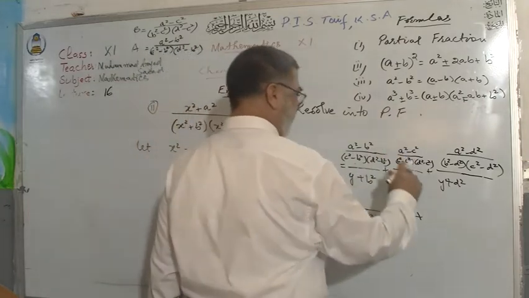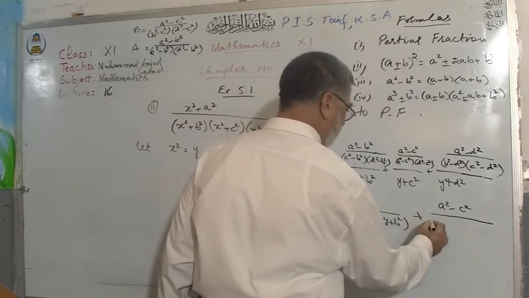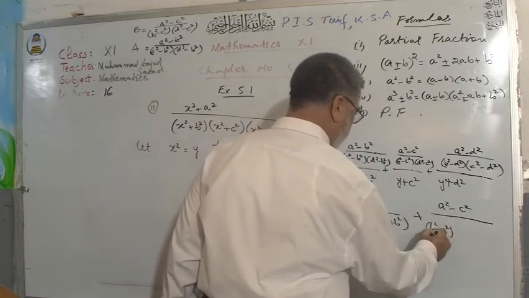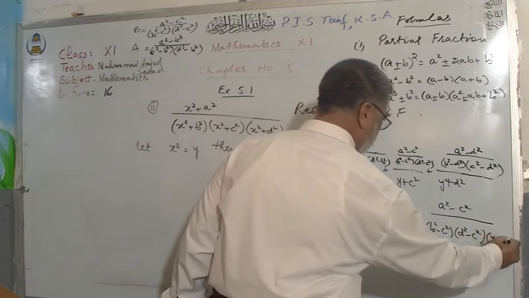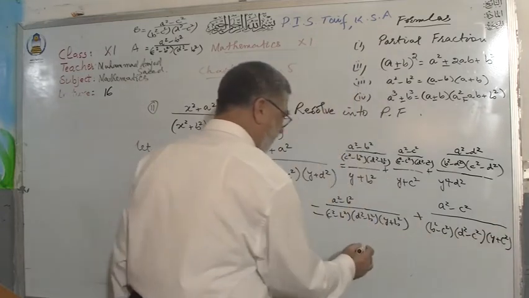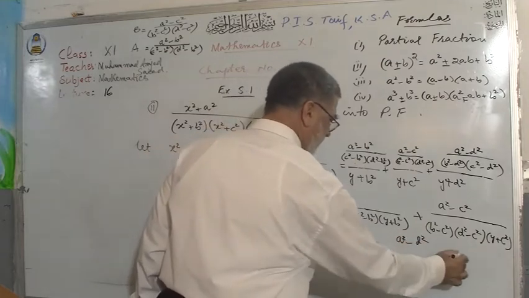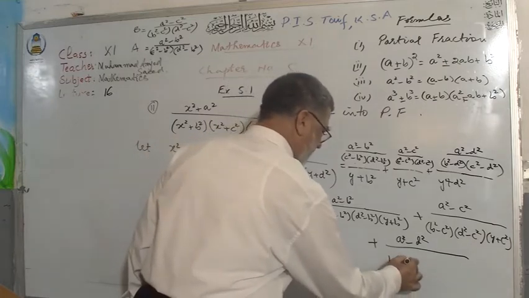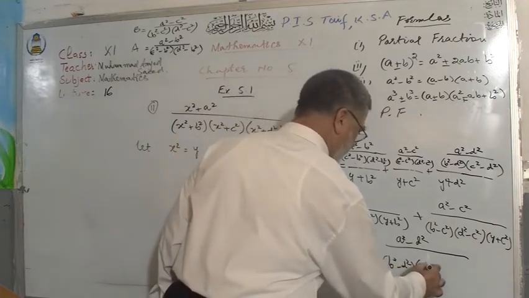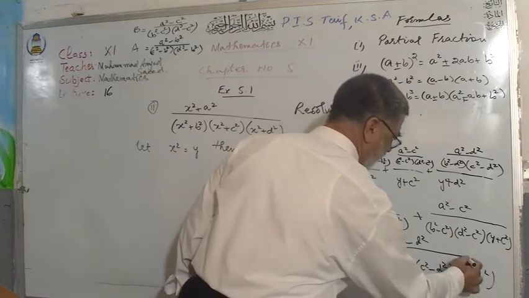Here is the second fraction, a square minus c square over b square minus c square, d square minus c square and y plus c square. And after that, a square minus d square, last fraction, b square minus d square, c square minus d square and y plus d square.